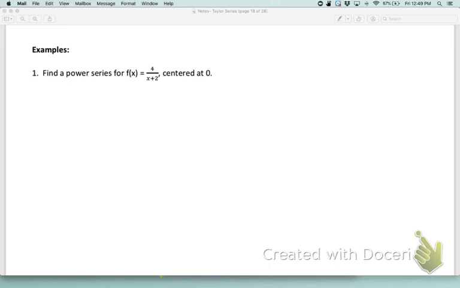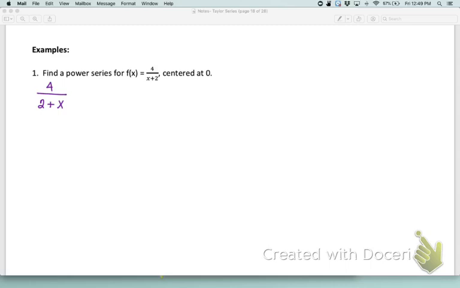So the first thing that I usually do to start these is to get all my pieces in the right spot. So I'm going to start by switching the order in the denominator. So I have 2 plus x because I know that that x needs to be in the r spot.